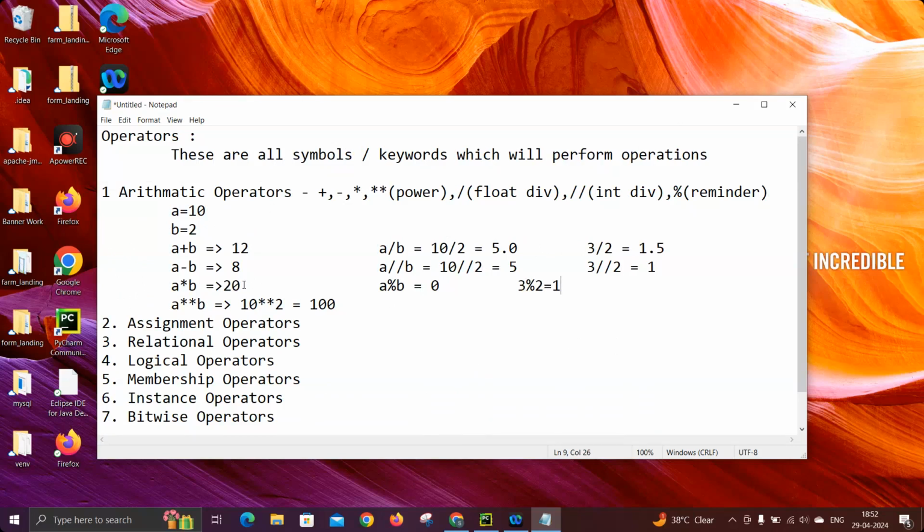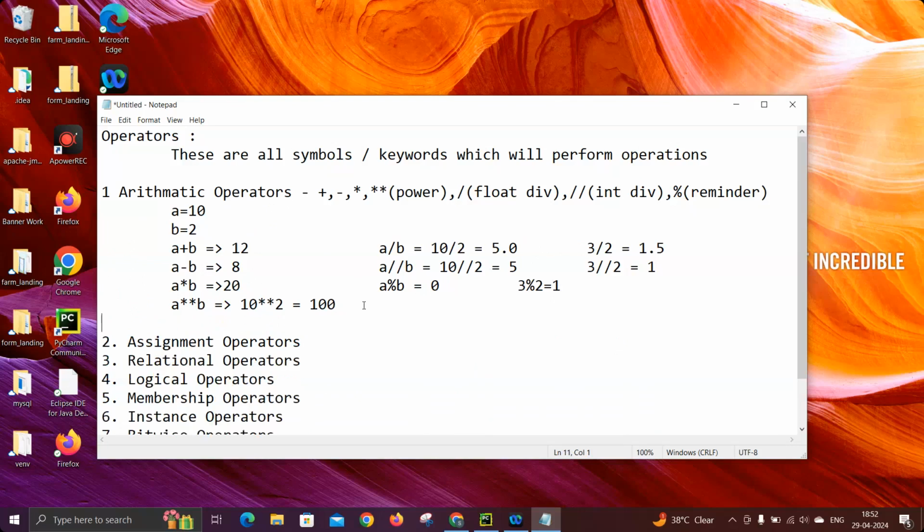So these are the arithmetic operators we have in Python to do mathematical operations, like expression evaluation, calculations, or any kind of value finding.